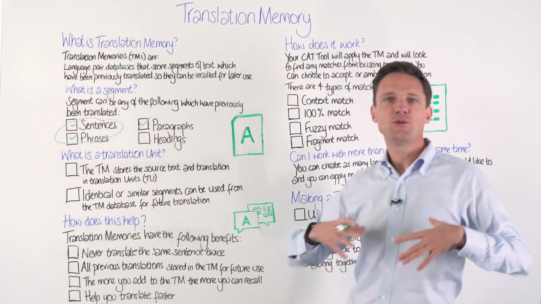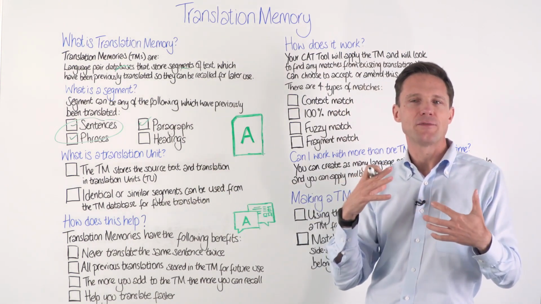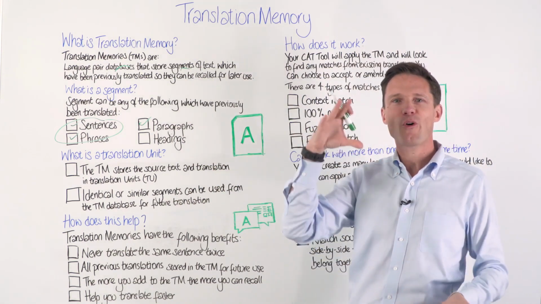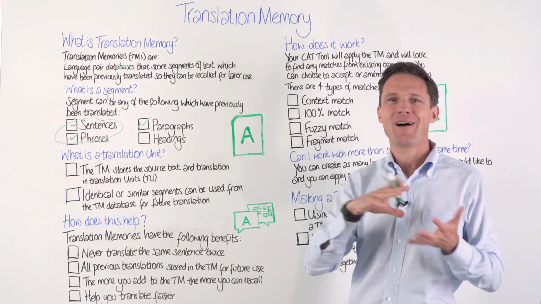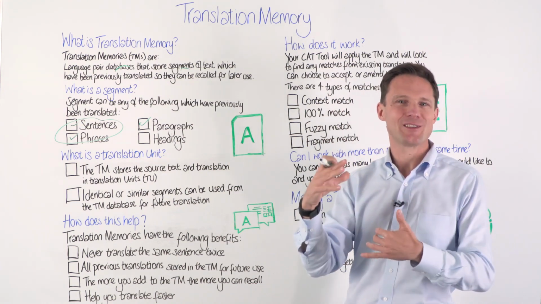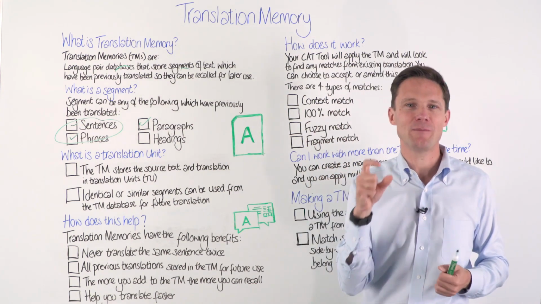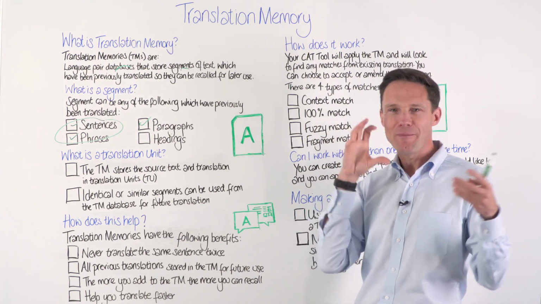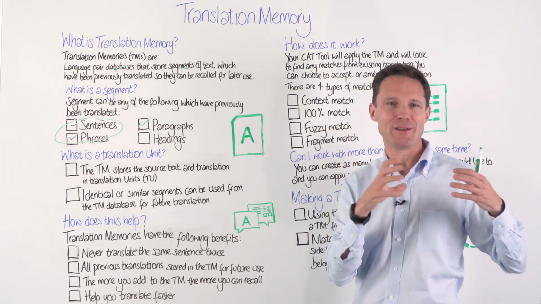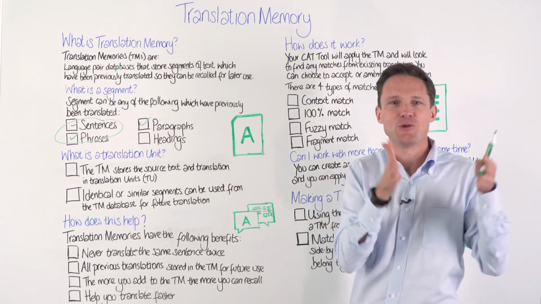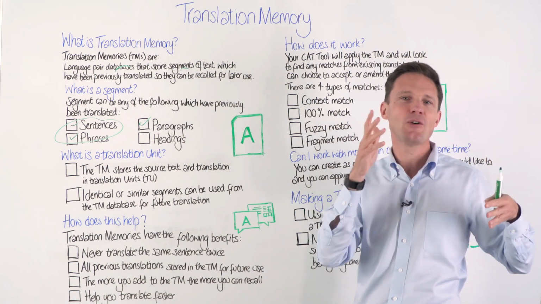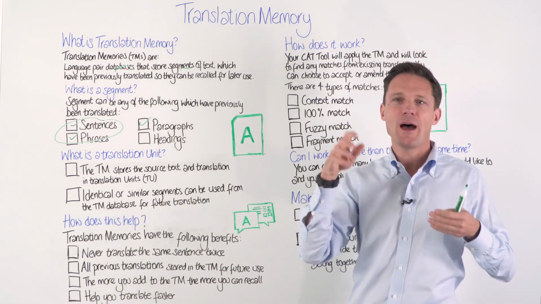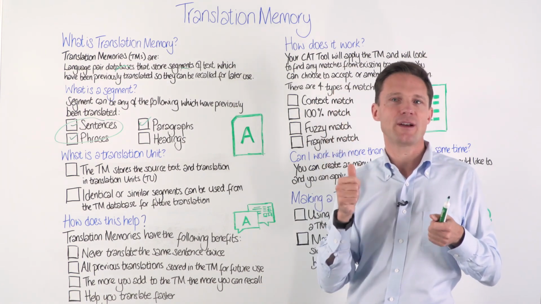You can also choose to store entire paragraphs, but obviously the more you store, the harder it is to match in the future. And we're going to look a little bit more at what that means. But remember that thought of storing sentences, so after a full stop or after a semicolon, for example.